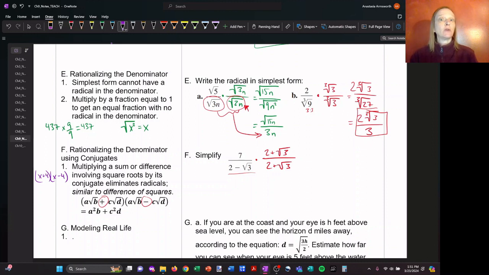Think about what happened when we used the FOIL method, the distributive method. We did x times x is x squared. Then x times negative 4 is negative 4x. Then positive 4 times x is positive 4x. And then positive 4 times negative 4 is negative 16.